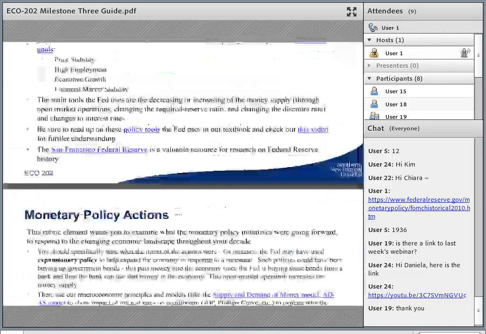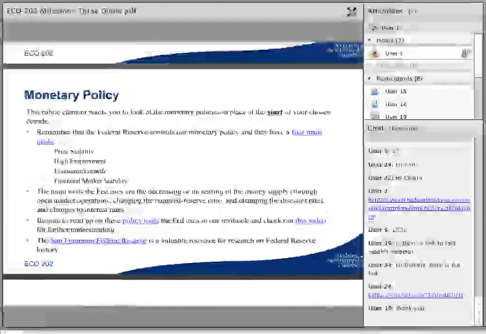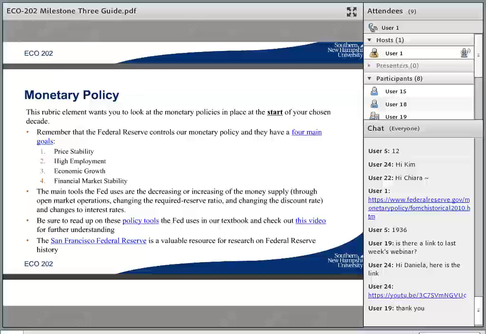The key thing here is to, of course, remember what monetary policy is. We've got a reminder here of what it is, and we've got some important links. So once you feel comfortable with that, then you'll be ready to go and do your research, find out what the Federal Reserve was doing in your time period, and then start organizing your slides based on the rubric elements.